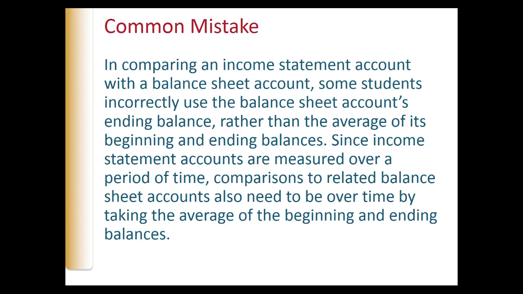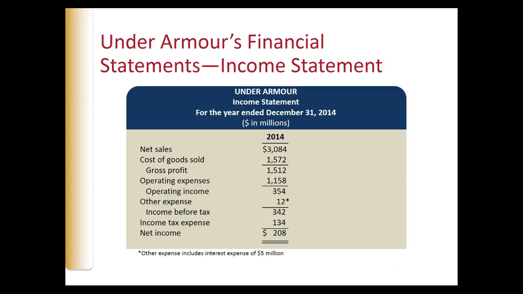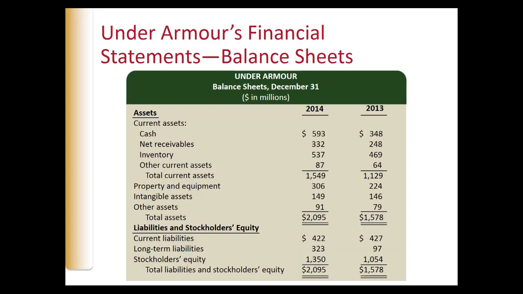Balance sheet items are just measured at a point in time, like a snapshot. So to review each ratio, we're going to be referring to this 2014 income statement for Under Armour in order to come up with our analysis. We're also going to be referring to these balance sheets for Under Armour in our ratio analysis.